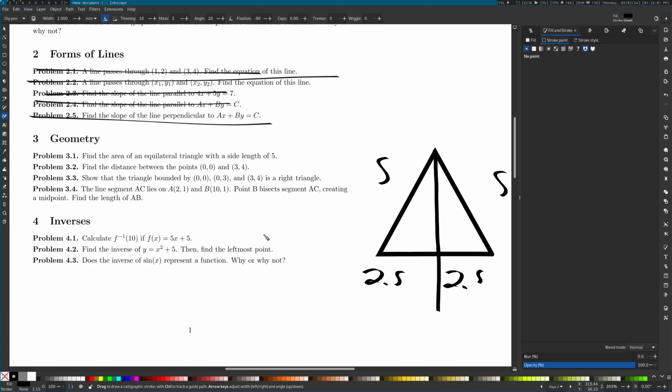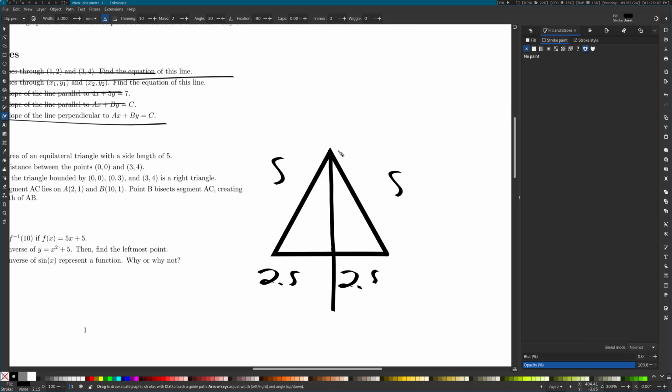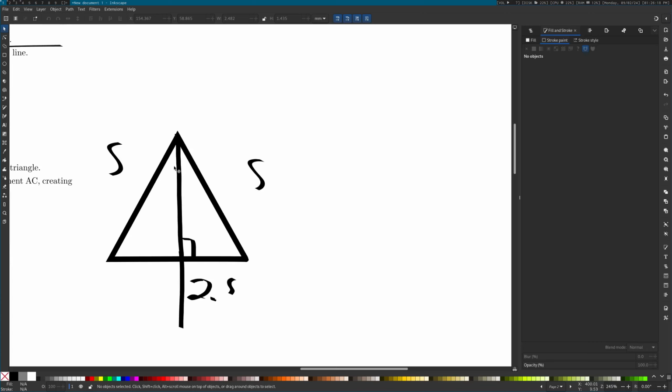Okay, so we're just covering this problem, which is find the area of an equilateral triangle with a side length of 5. So what I covered first is when you split it in half, we get 2 right triangles. So we want to find the height of this triangle, because then we could use the base times height divided by 2 formula.